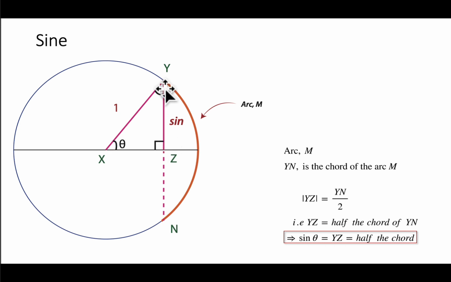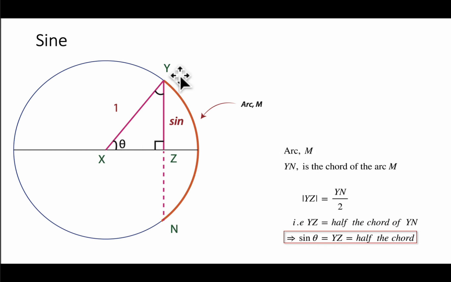So if you remember how to figure out sine, it's basically half a chord. The word chord originally comes from, in Sanskrit, the bowstring, and this is the bowstring, half of the bowstring, that's sine. And so once you know the sine of theta, I'll just take you through.